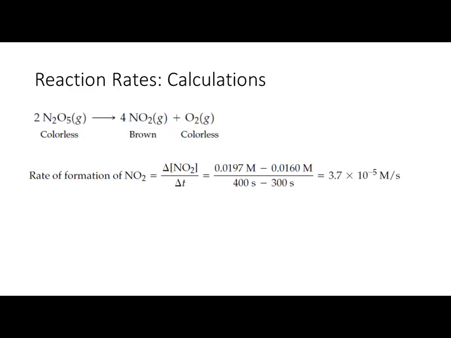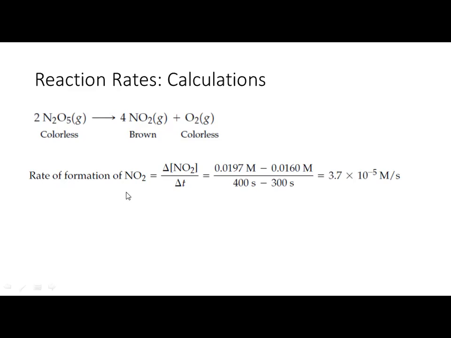So what would be the appropriate term to express the rate in case of N2O5? What we would express over here? अगर हम N2O5 का रेट लिखना चाहते हैं, जैसे ऊपर NO2 का लिखा हुआ है, what would be the correct word to express over here?